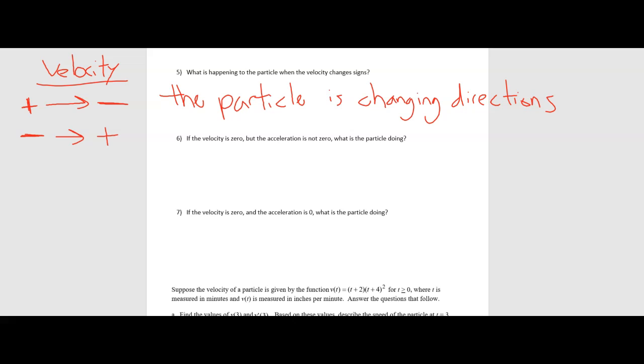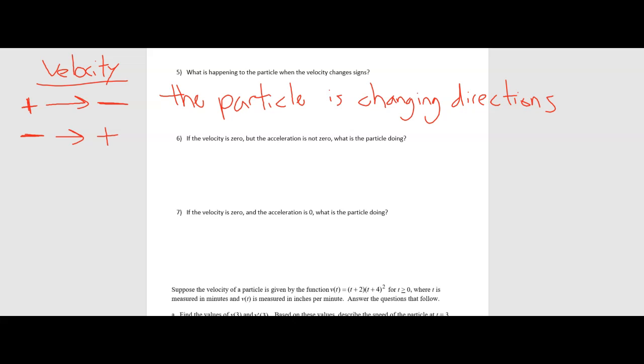If your acceleration stays negative 9 miles per hour, you'll start moving backwards. After 1 hour, your new velocity will be negative 9 miles per hour. After 2 hours, it'll be negative 18 miles per hour. So if your acceleration is negative and your velocity is positive, eventually the acceleration is going to force you to stop and then go in the other direction.